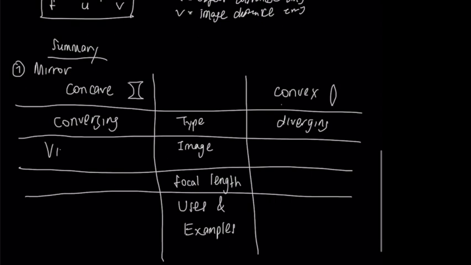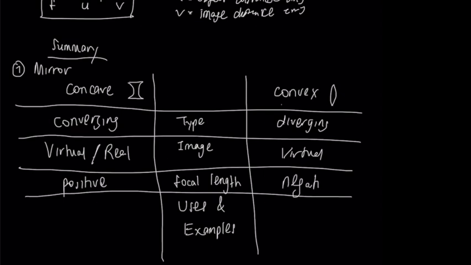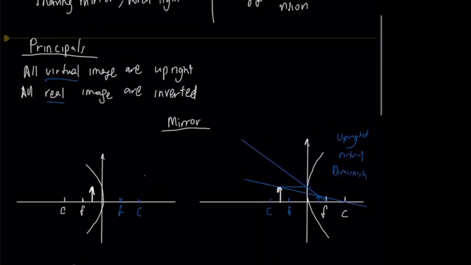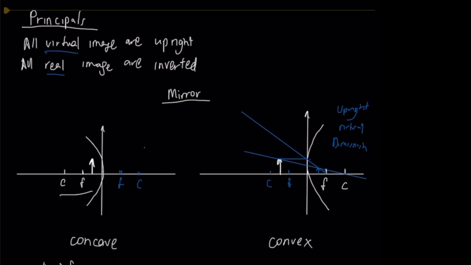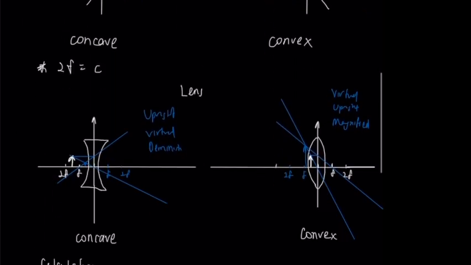An image of a concave can be virtual or real, while the convex can only be virtual. The focal length of a concave mirror is always positive, and the convex mirror is negative, as you can see here. Positive and negative.